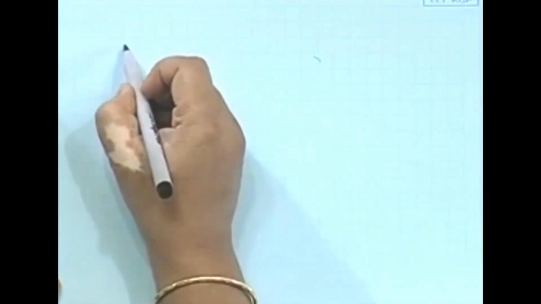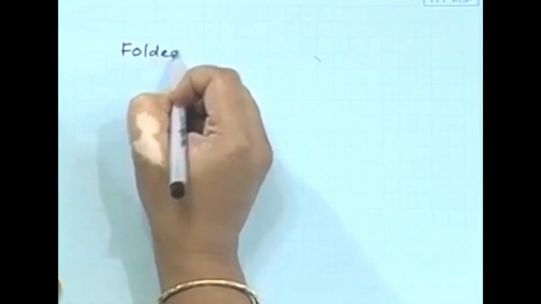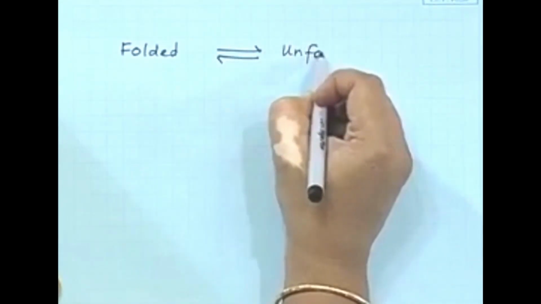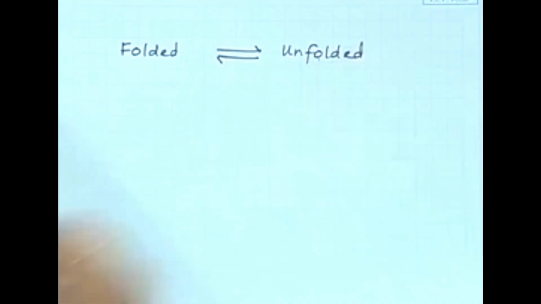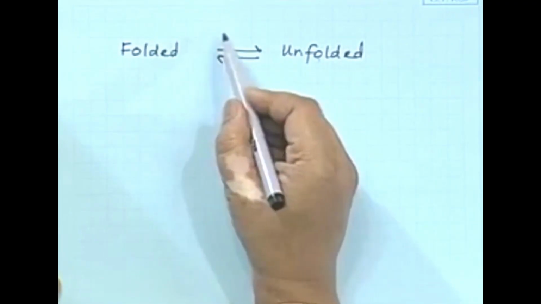So what we can do is we can go from a folded form to an unfolded form by denaturing the protein. You can also, what is called, renature the protein in some cases. So say you added urea.